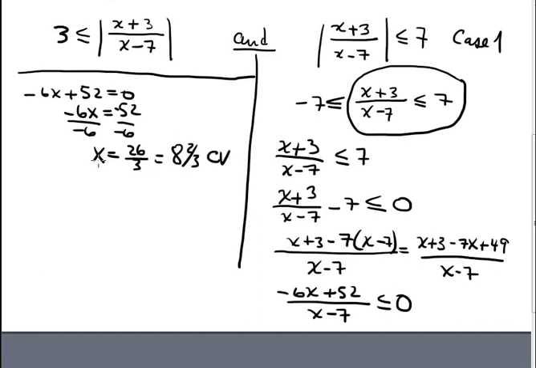This is a critical value. And the restriction is 7: x minus 7 equals 0, x equals 7 is the restriction. Okay, let's do it in the graph.